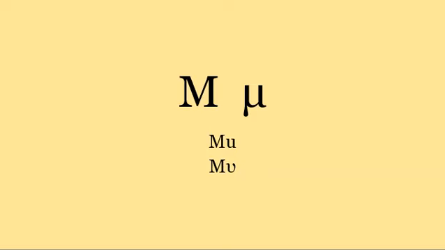Next is mi. Again, mi. And obviously, you can see the resemblance to the letter M in the uppercase. The lowercase is a bit less clear. It sort of looks like a U. I don't know. It is pronounced like an M. And yeah, it effectively is an M, is my point.